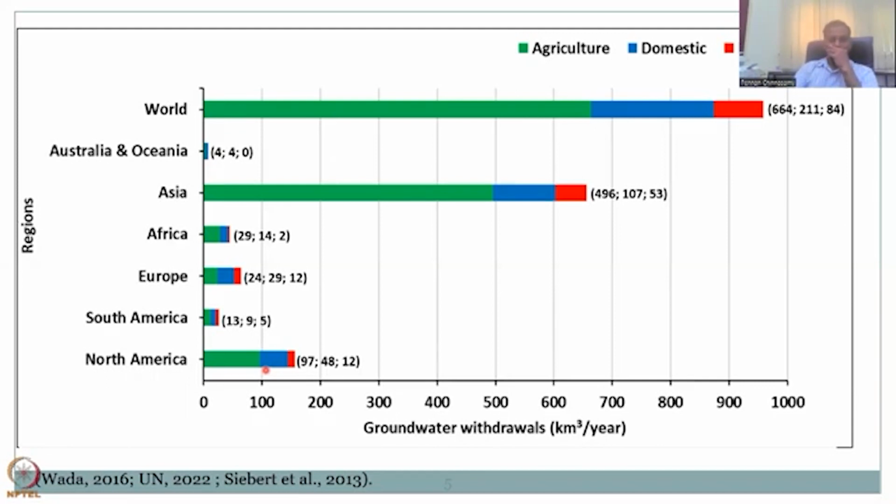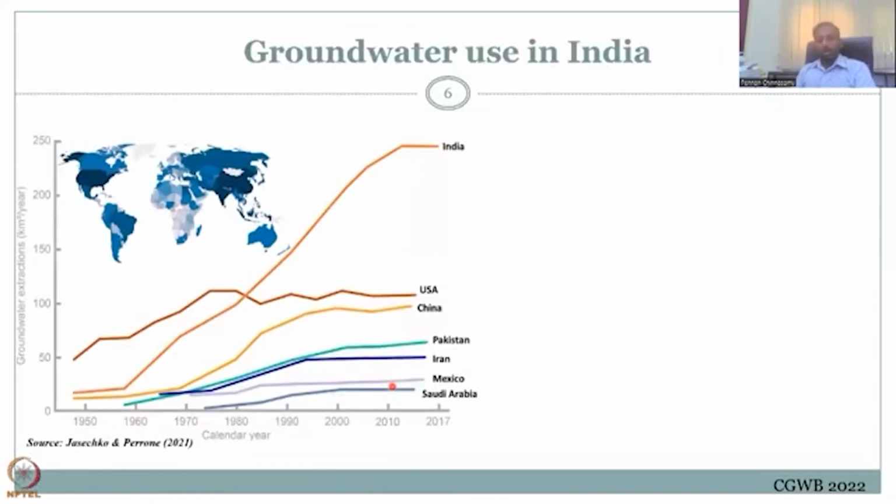So we will be looking at the demand of groundwater in India and how it's used for agriculture, whether it is sustainable for rural development, and what data we have. You could see here another study by Jasechko and Perrone, 2021, that groundwater use or abuse in India is really, really high.